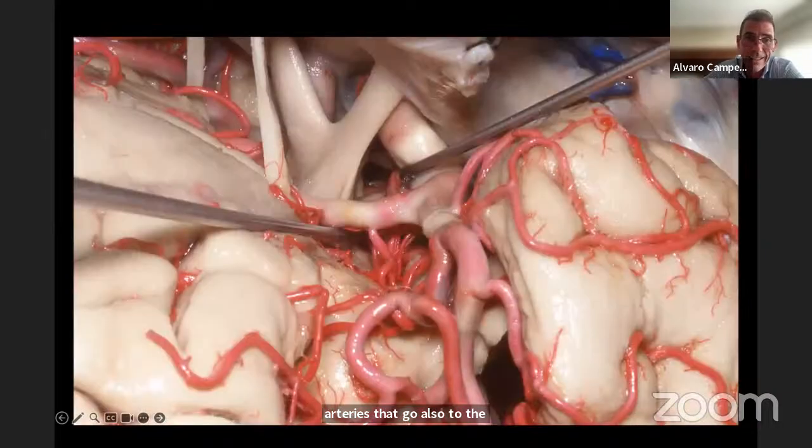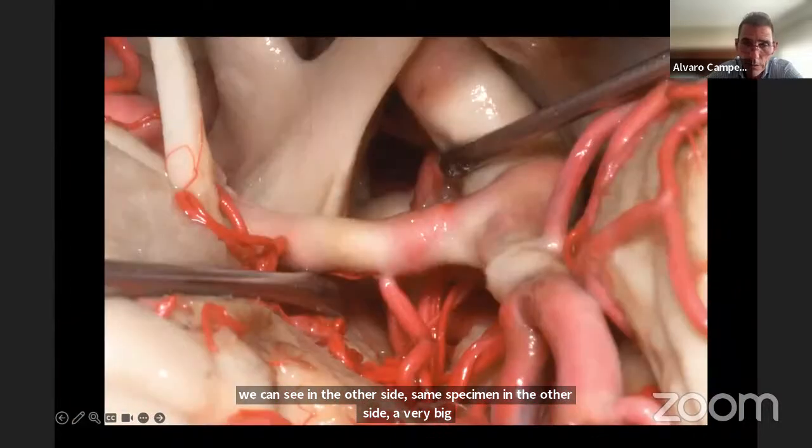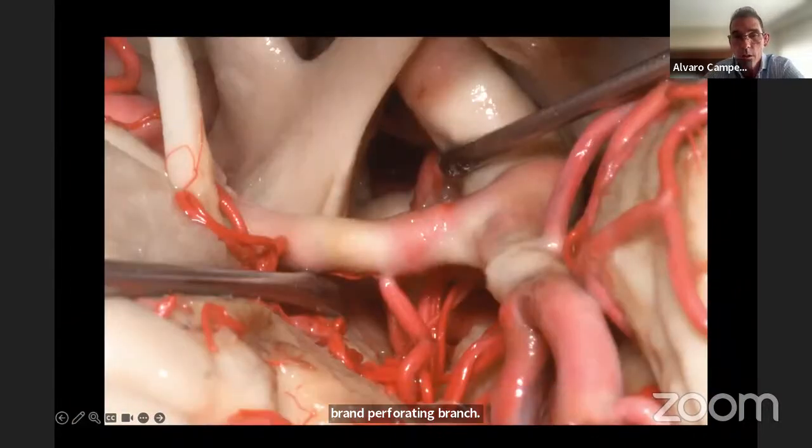And on the other side of the same specimen, a very big perforating branch, that we can also call maybe a recurrent artery, but not with a very recurrent trajectory, that also goes to that portion of the anterior perforating substance.